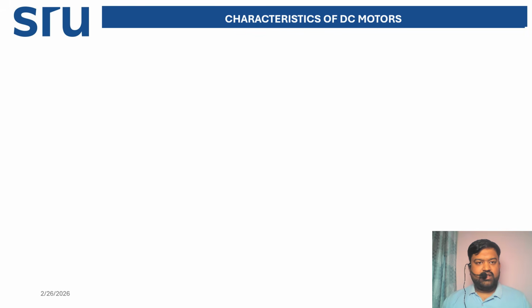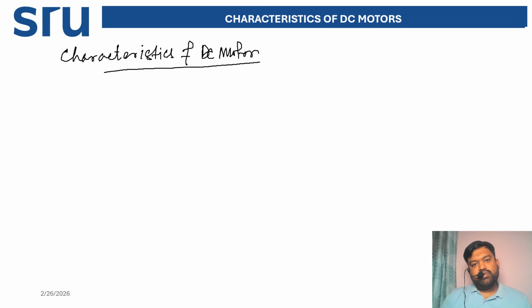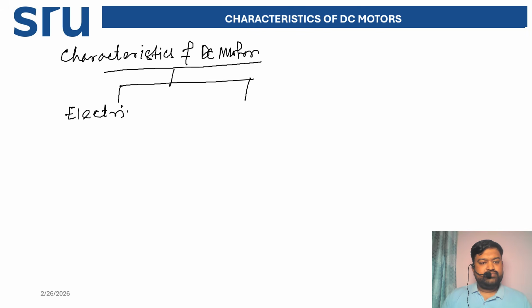If I write here the characteristics of DC motor, there are two types: electrical characteristics as well as mechanical characteristics.